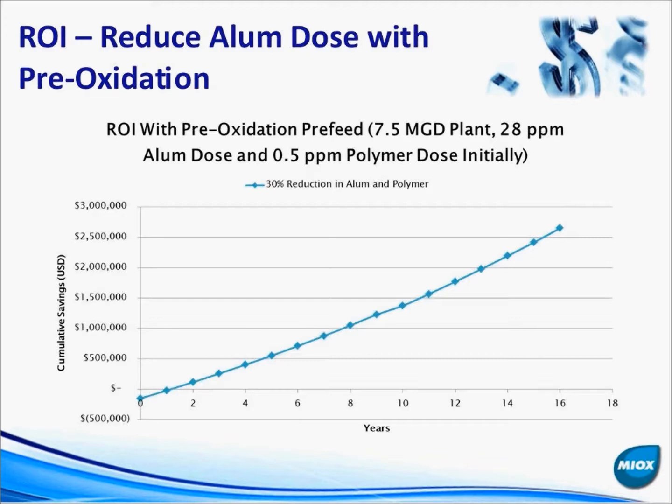So if you are looking at converting regular bleach or chlorine, for example, over, and the mixed oxidant does get that effect, and even just assuming a 30% reduction in alum and polymer, you can see that for a 7.5 mgd plant, starting at almost 30 parts per million dosage and about half a part of polymer dosage, this will pay itself off in approximately 1 year. So not only do you get an enhanced advantage, but you also get significant savings and a very, very short return on investment.